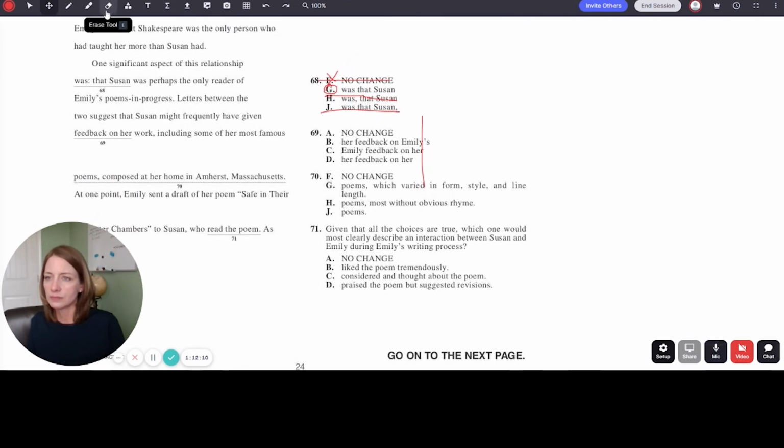69. Letters between the two suggest that Susan might frequently have given feedback on her work, including some of her most famous poems composed at her home in Amherst, Massachusetts.